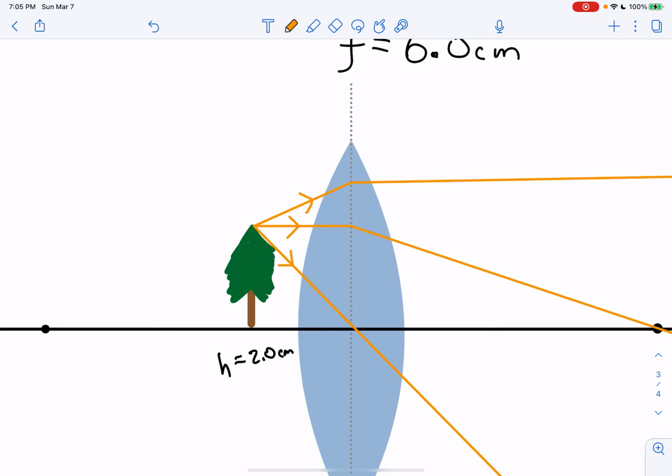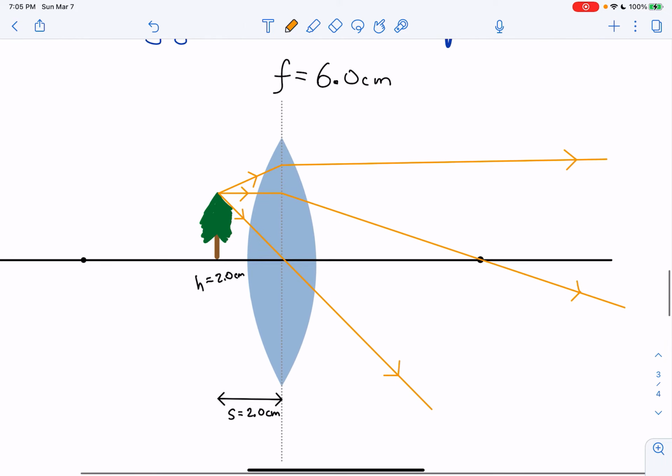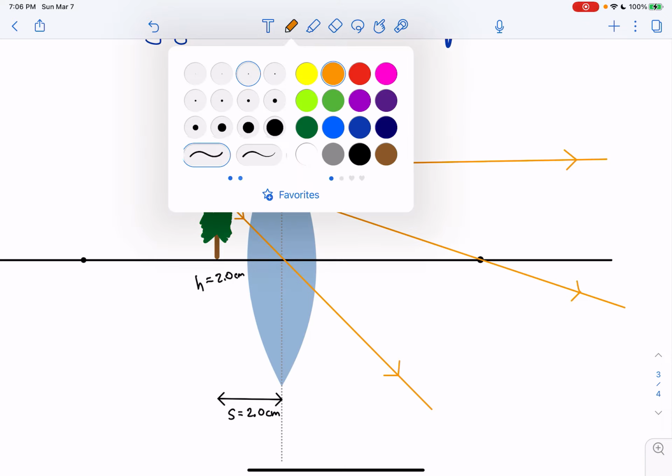Well, in this case, we're going to have to do something a little bit different. And that is, noting that these lines do not converge on the other side of the lens, in fact they diverge, what we're going to do is trace these refracted rays backwards.